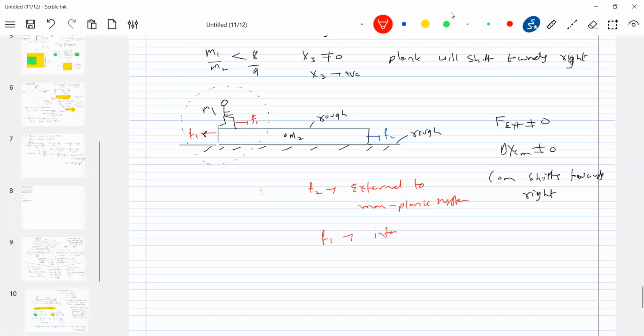F1 will become internal to the Man-Planck system. So now I'm able to categorize. In every problem, you have to check whether the external force is zero or non-zero. If zero, then delta x center of mass is zero, and you can discuss some problems. If external force is non-zero, he may ask you some acceleration or displacement of the center of mass. Go back to kinematics, laws of motion, and work out the problem. This is one approach we are supposed to develop here.